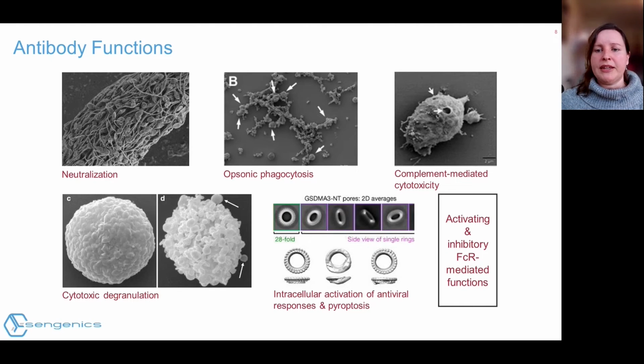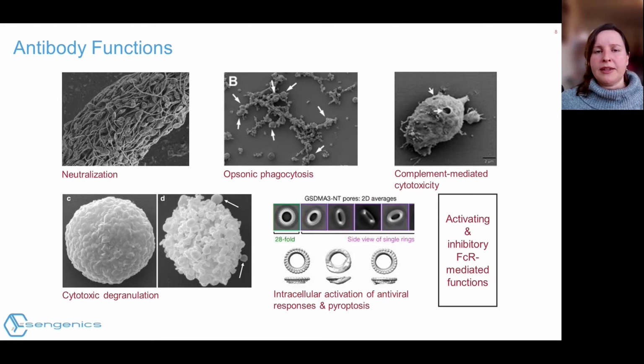Antibodies can also mediate complement-mediated cytotoxicity. So the antibodies bind to the target, they fix complement on the surface of the target and activate complement, and can ultimately result in MAC-mediated lysis of the target. Antibodies can also lead to target cells degranulating. So, for example, cytotoxic granules can release their contents into the extracellular space.